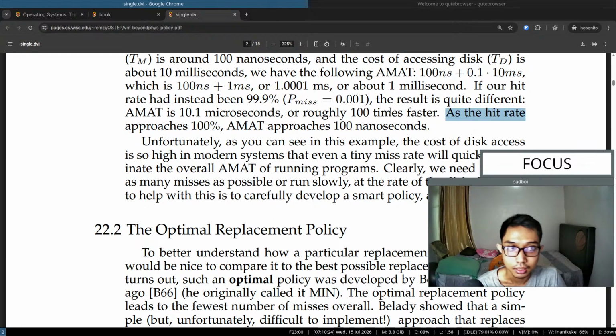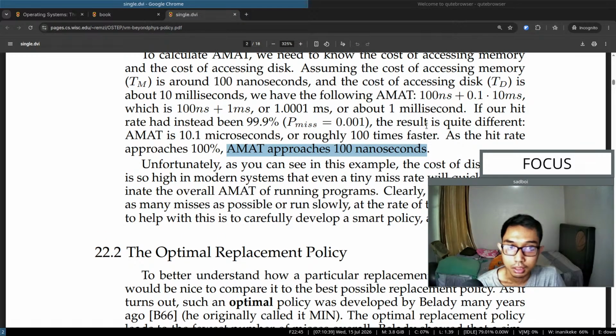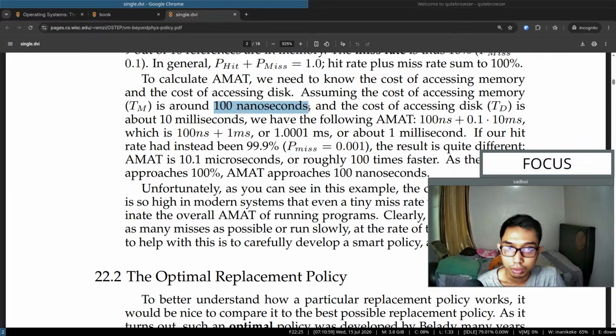As the hit rate approaches 100%, average memory access time approaches 100 nanoseconds. Okay, this one.